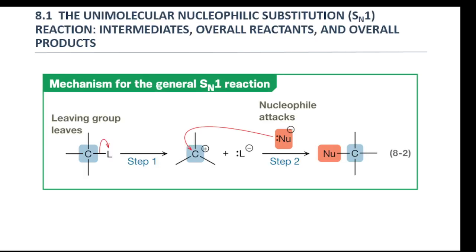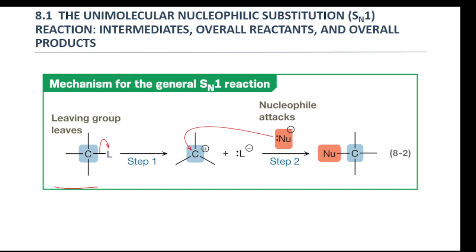Okay. All right, so let's talk about the mechanism for an SN1 reaction. Now, an SN1 reaction we hadn't really gone into yet because we did not do multi-step reactions, did we? And an SN1 mechanism has to be multi-step. That's because the initial slow step is going to involve a single species.